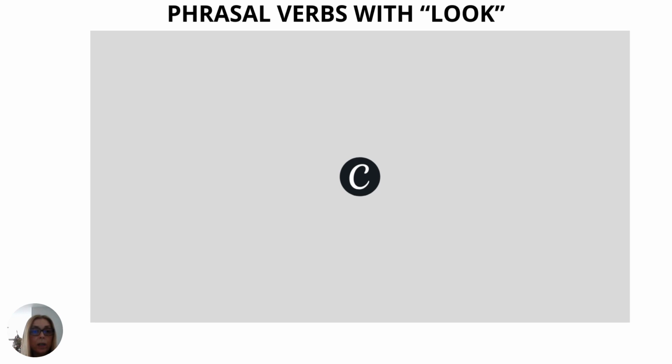The meaning is to focus on something with your eyes. An example is: look at this beautiful painting. And finally, another phrasal verb with look is look for. It means to search for something or someone. For example, I'm looking for my glasses.